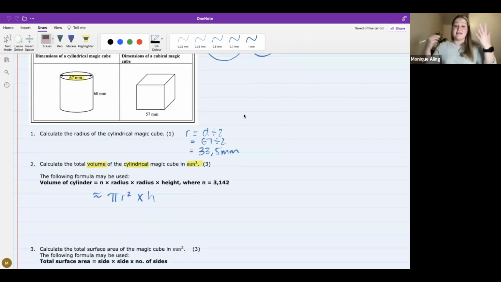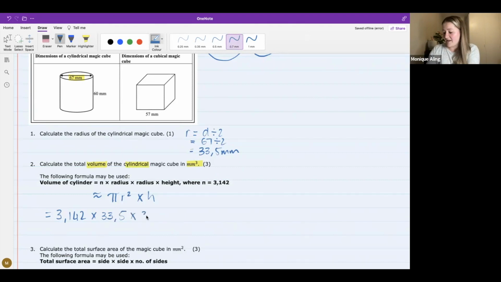Okay, so just quickly, nice and easy. The formula has been given to us, so it's not too difficult. We substitute pi into the formula. The radius we've just calculated is 33,5 times by 33,5, and the height of the cylinder is 60. Everything's in millimeters, so that's all you have to do.